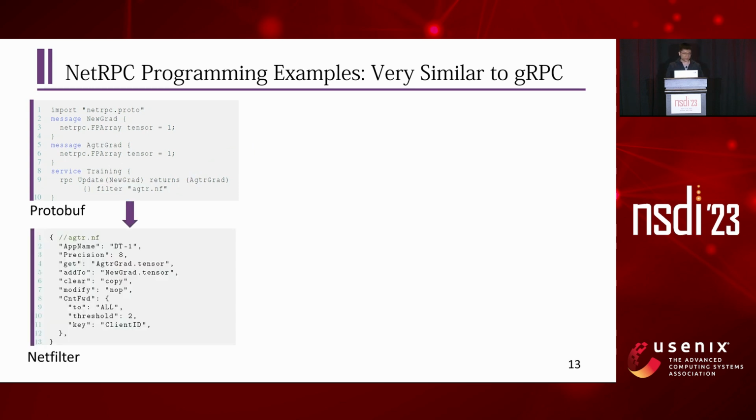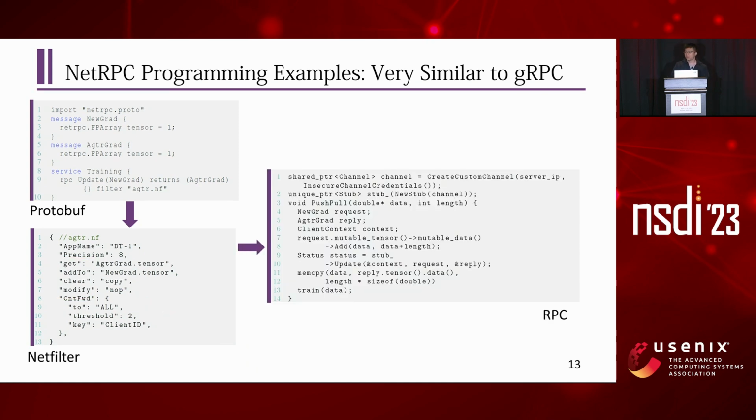The net filter is a JSON file that provides parameters for the system. For example, the precision field tells the system the quantization factor of the INC, and the following class names tell the system where to find the data and organize the messages.